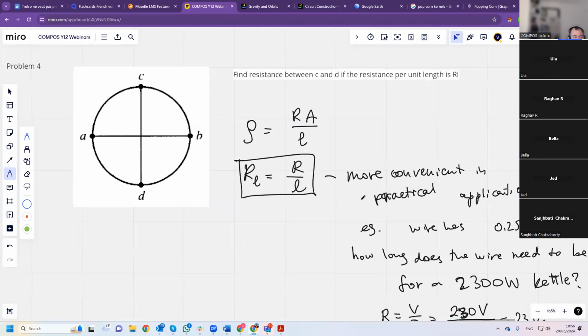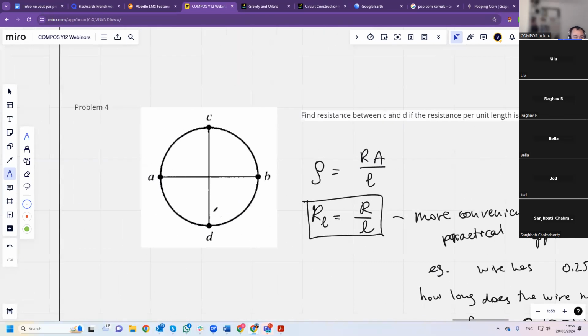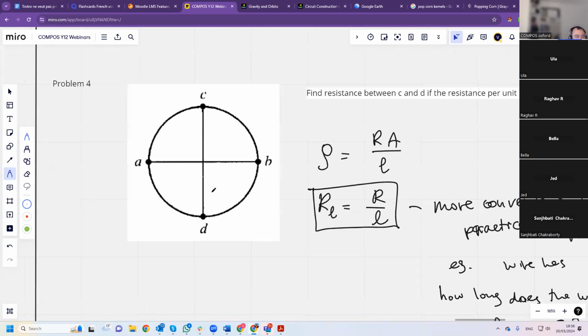Right, so find the resistance between C and D. Well, we assume that they're all connected.